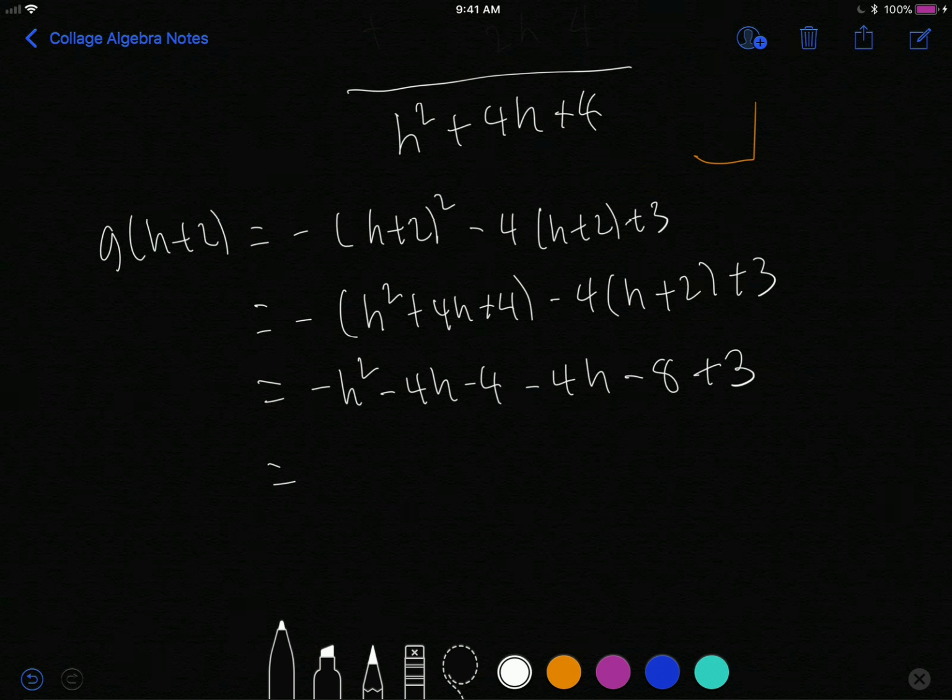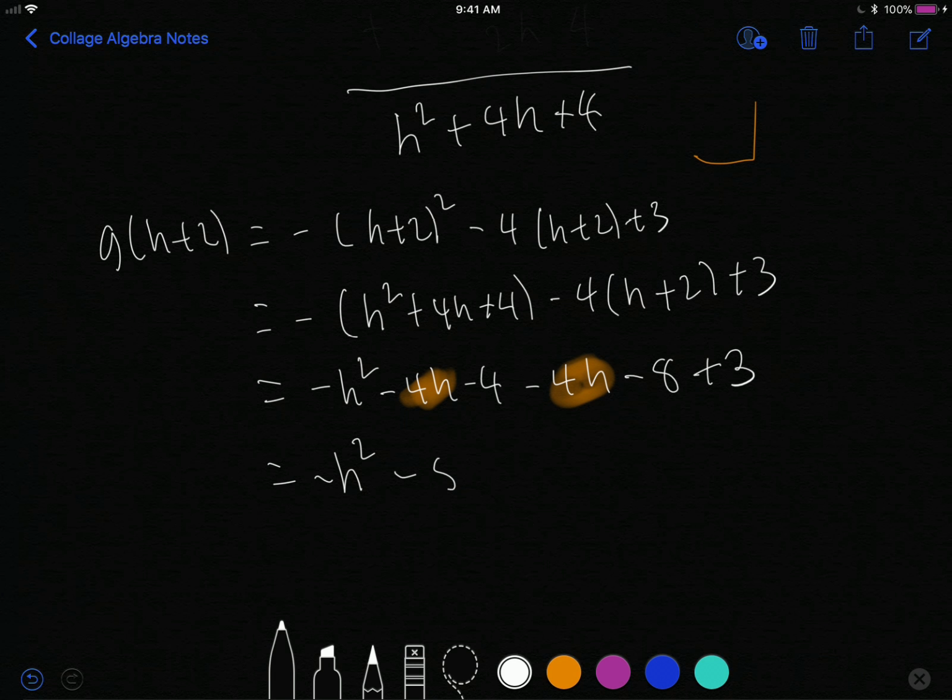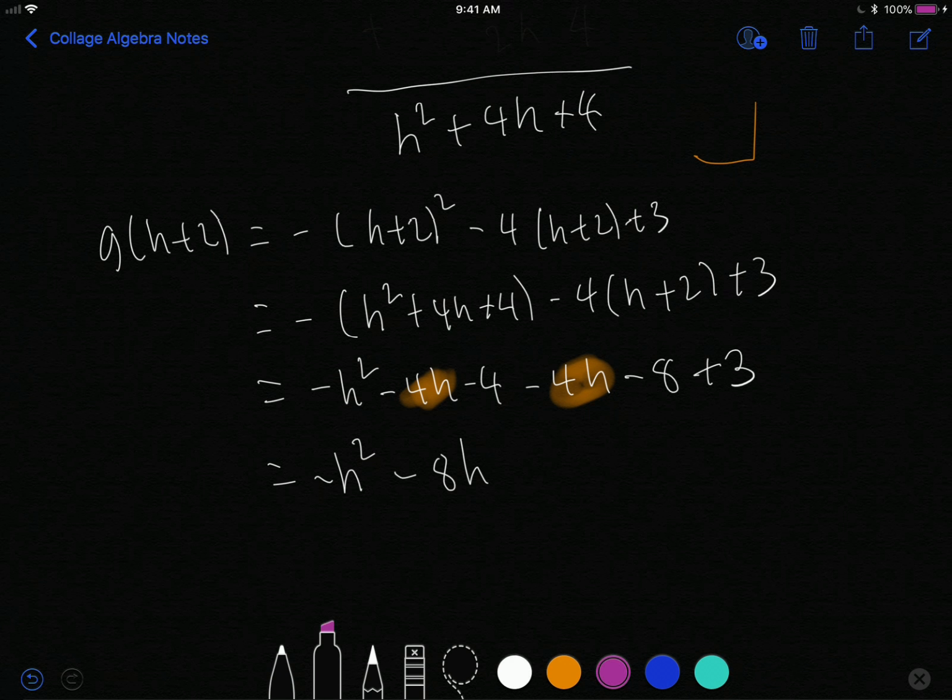And then I group like terms. My h squared has no like terms. However, there's a 4h here and a 4h here, those are like terms. So those combine to give me a negative 8h. And then I have my numbers 4, 8, and 3.